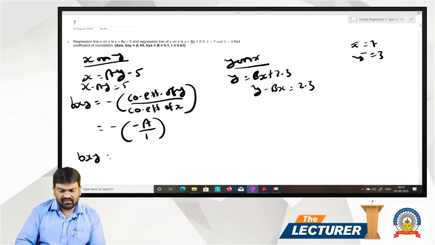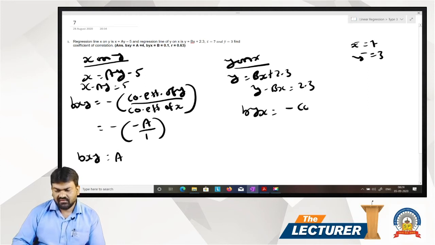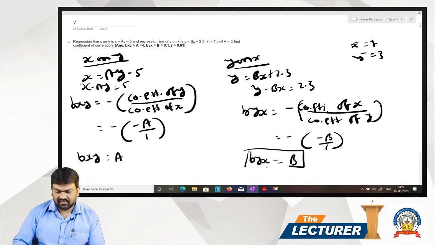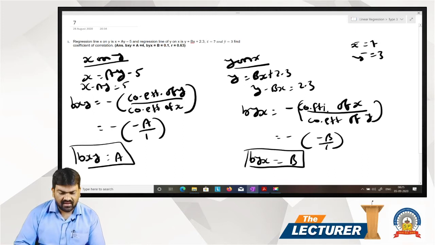So bxy is equal to a. Now byx is minus coefficient of x divided by coefficient of y, minus minus b divided by 1, plus b. byx is b, bxy is a.